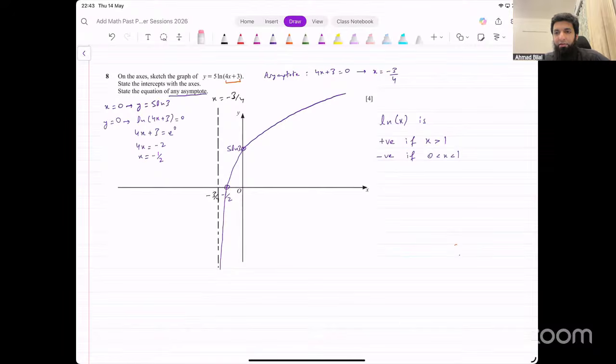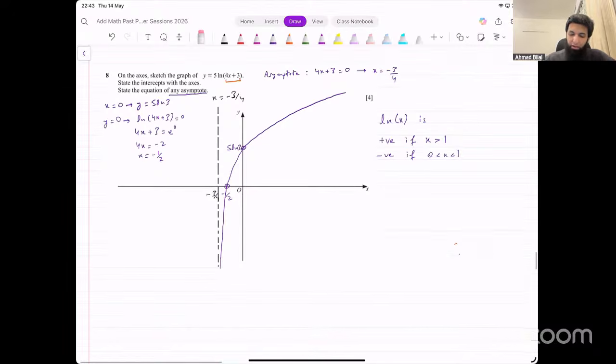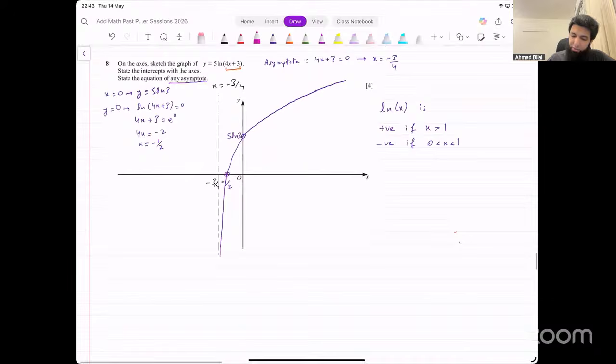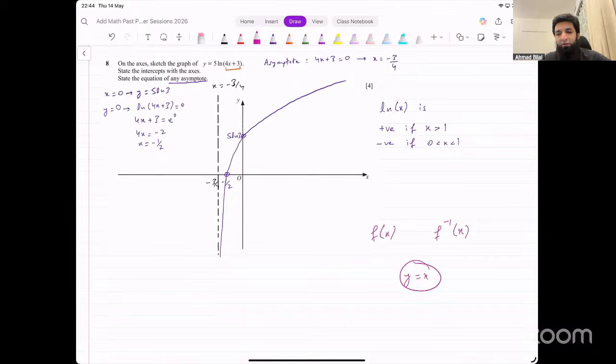How do we figure out if an ln function and its inverse will intersect or not? So if two functions are inverse of each other, there's a general rule. If they intersect, they always intersect on the line y equals x. So if any of those graphs is intersecting with each other, then that means both the graphs are intersecting with y equals x as well.